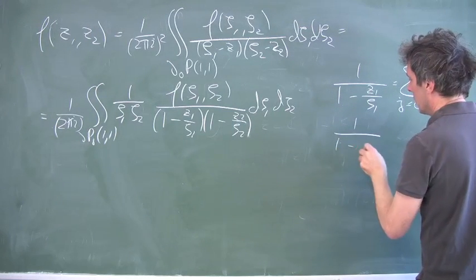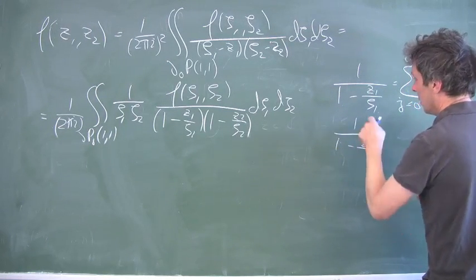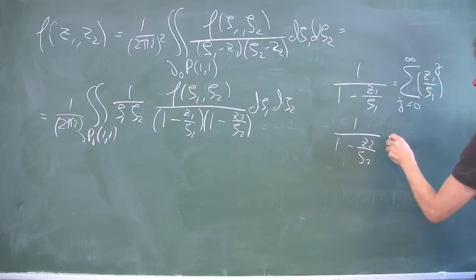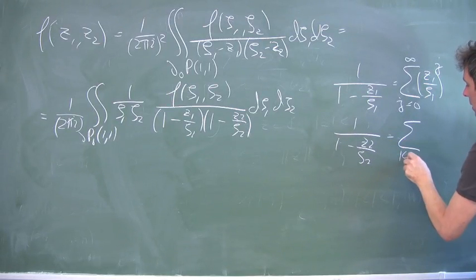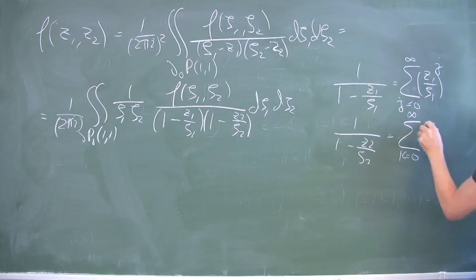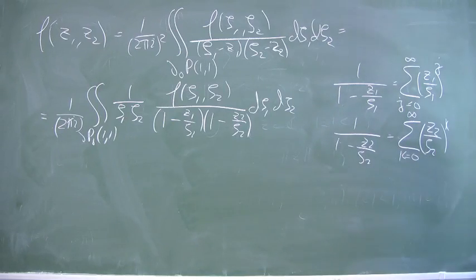And similarly for the other factor down here, we can write it as the sum over k of (z2 divided by zeta 2) to the power k.